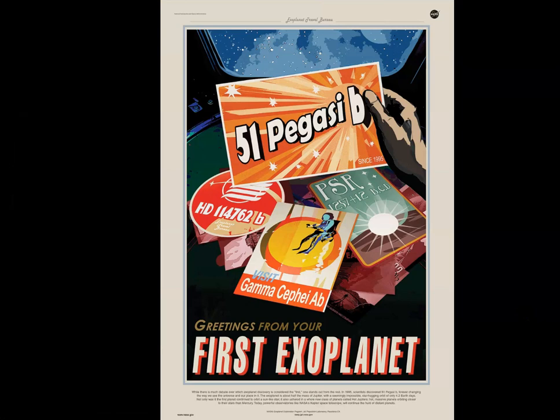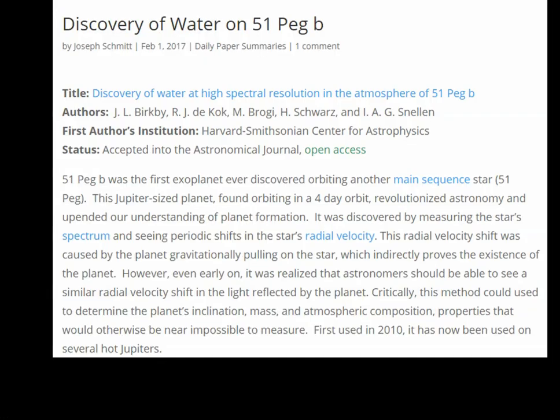These are some of the graphic designs that were done in conjunction with some of the discoveries of exoplanets. Here's a nice kind of travel poster of 51 Pegasi b. And in 2017, it was announced that water had been discovered on 51 Peg b.